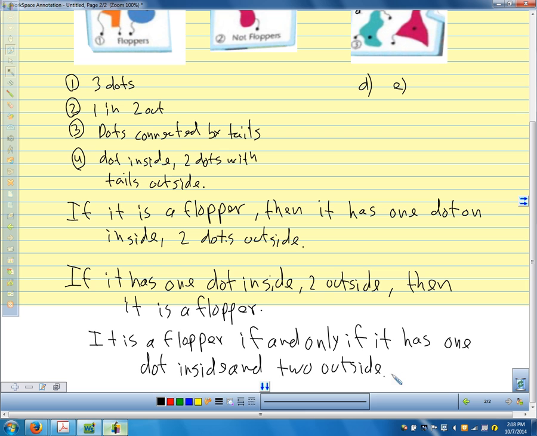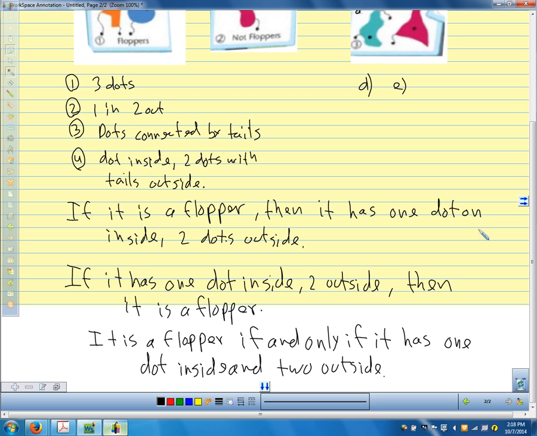So this is our biconditional statement that combines this conditional statement and its converse into one biconditional statement. And this could be our definition of a flopper. It is a flopper if and only if it has one dot inside and two outside.